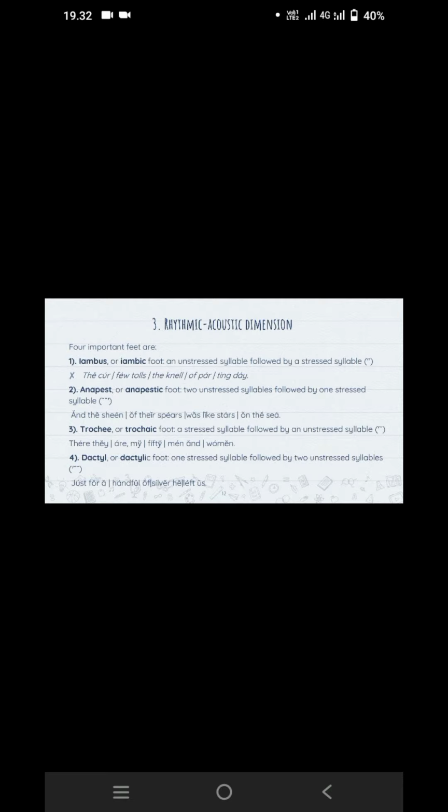And according to the number of feet, it is possible to distinguish monometer, dimeter, trimeter, tetrameter, pentameter, and hexameter.